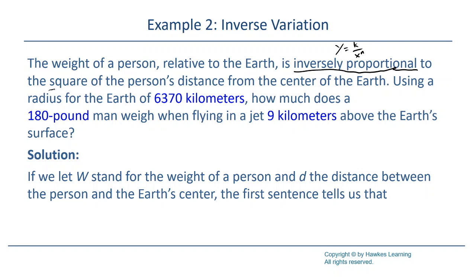And when it says the square of the person's distance, that lets you know that n is equal to 2. So we have our distance, we have the person's weight, and now we have how everything is tied together.